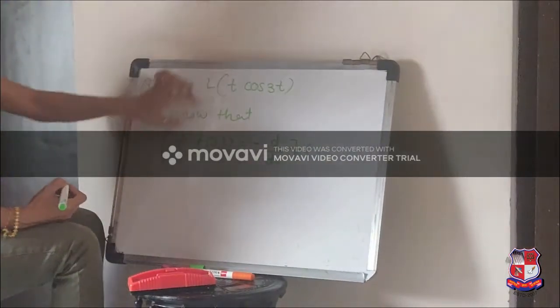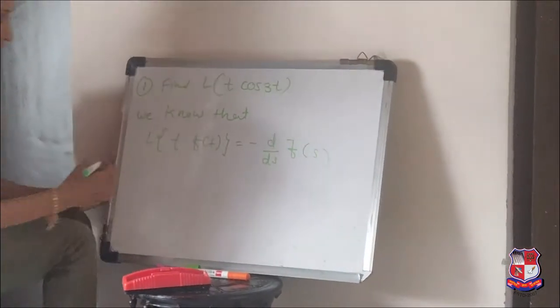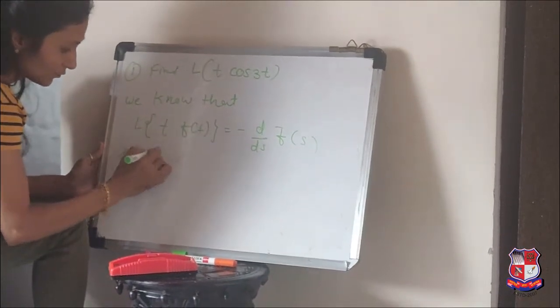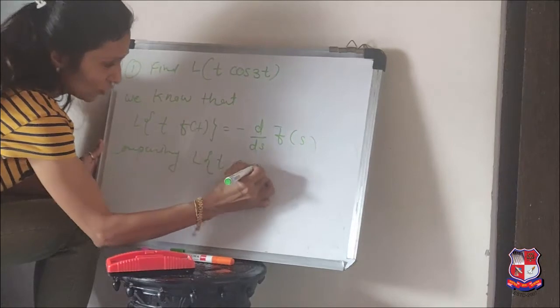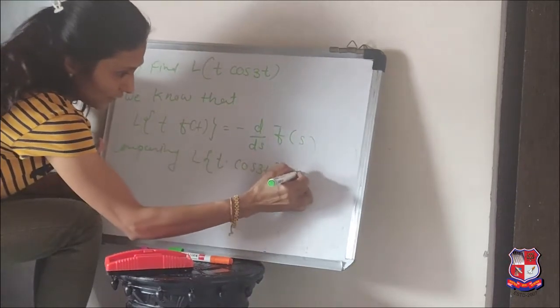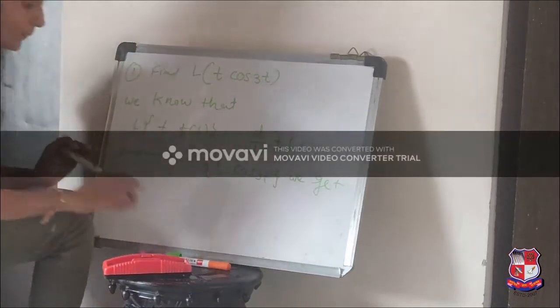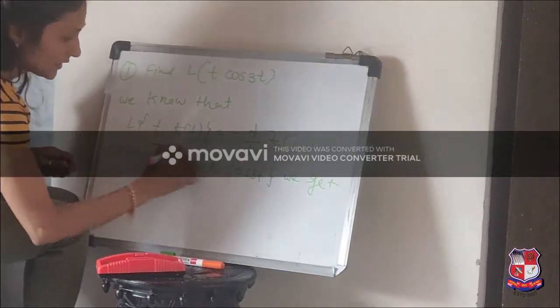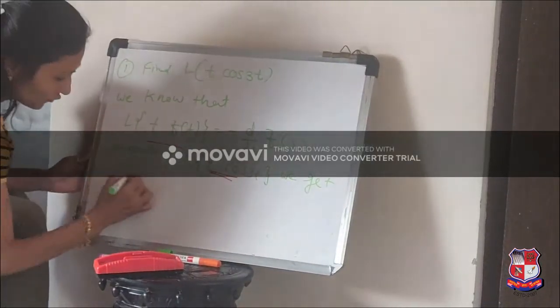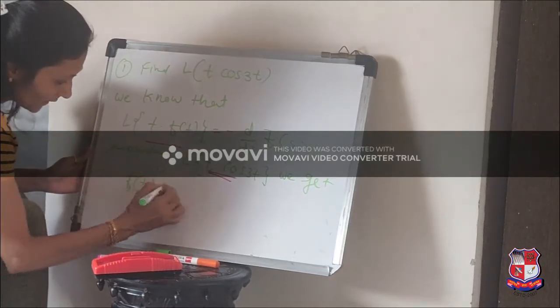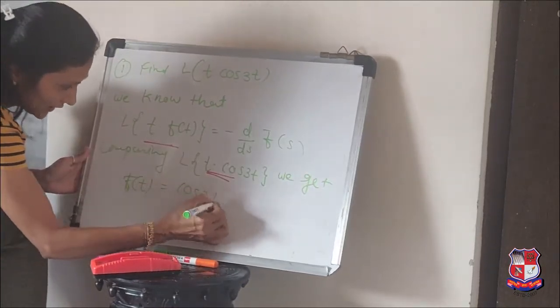We compare our equation with t of f t, comparing with L of t into cos 3t, we get f of t is equal to cos 3t.